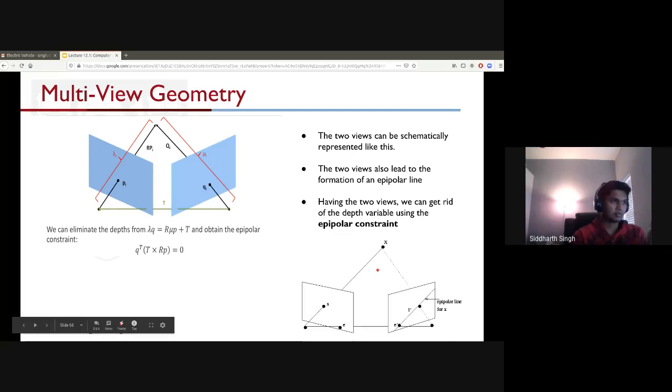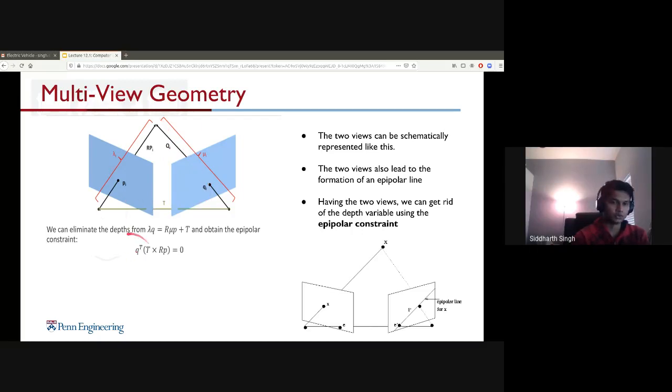Now, them lying on the same plane helps us get rid of the depth variables, which we do not know and have been troubled by since the past lecture. So, the lambda and the mu, because we know that this lies on the same plane, we know that the volume of this shape will be 0.